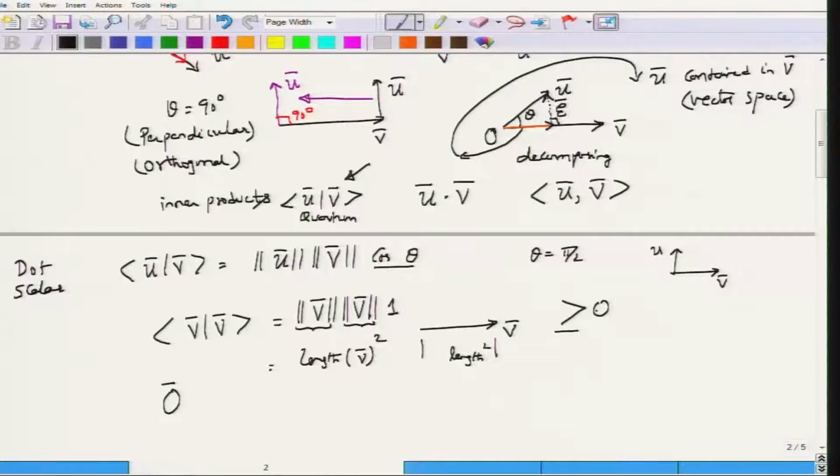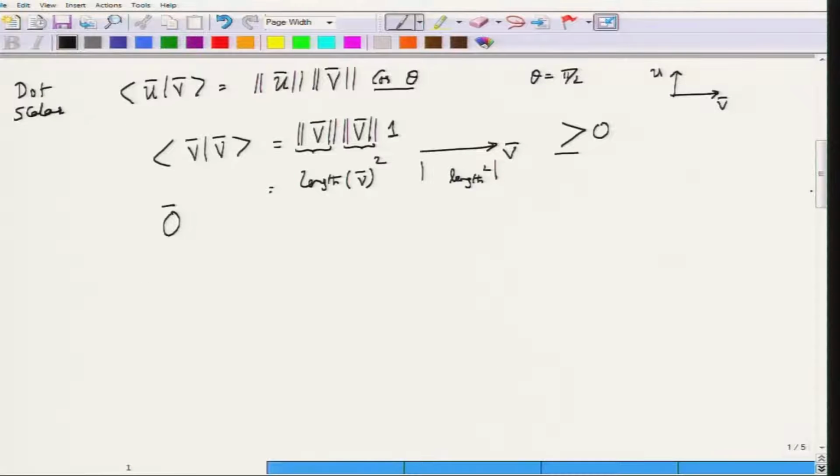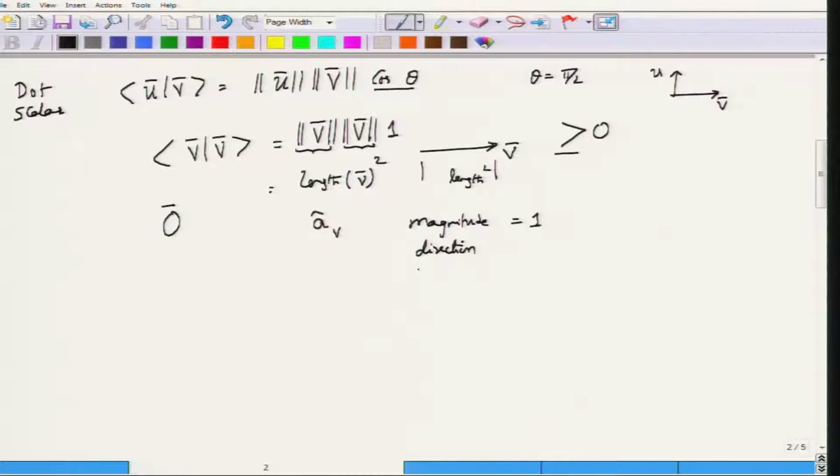It can have any magnitude, but amongst any magnitude, one particular vector is important. This vector is called the unit vector. The unit vector has a magnitude of 1, and it has a direction somewhere. This direction of the unit vector is denoted by the subscript along which it is supposed to be directed.